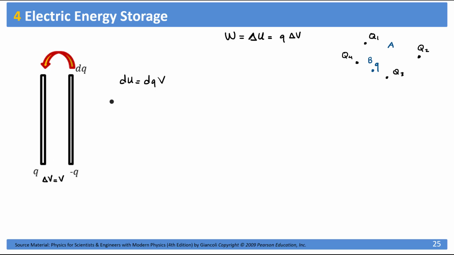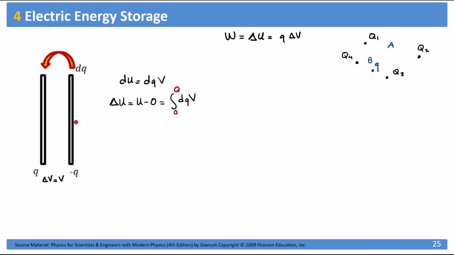The change in the potential energy, delta U, which is the potential energy when it is fully charged minus the potential energy when there is no charge on the plates, which is 0, is equal to the integral of dq times V. And the limits of this integral should be, since it's an integral with respect to q, from 0 charge to the charge on the capacitor when it is fully charged.